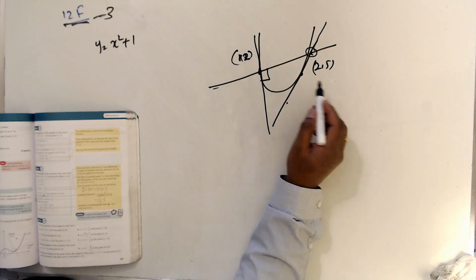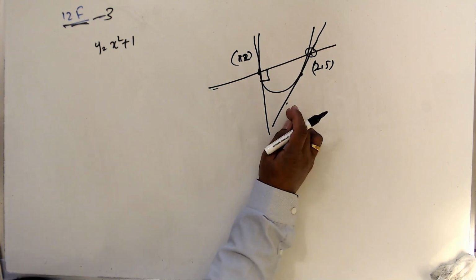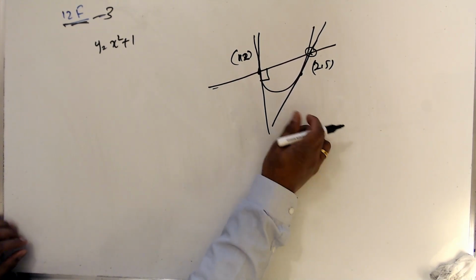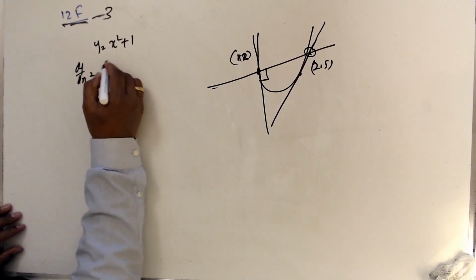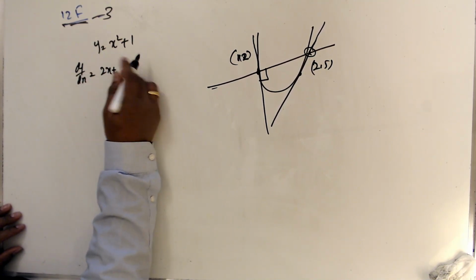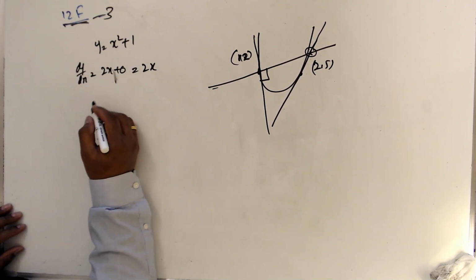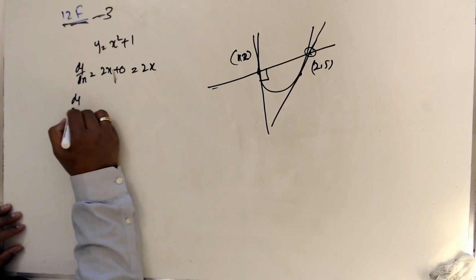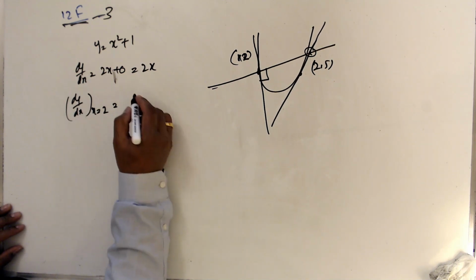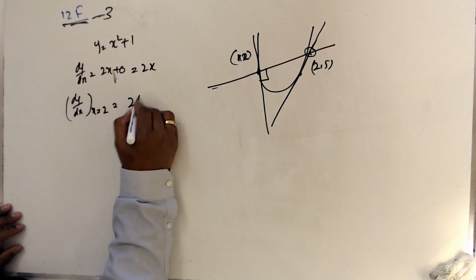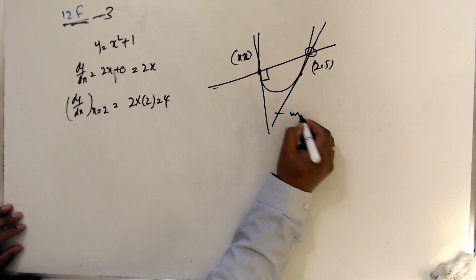Now we need to find, first of all, the equation of this tangent as usual. dy over dx, we need 2x plus 0, which is 2x. Now dy/dx at x equal to 2 is 2 times 2, which is 4. So the gradient of this one is 4.